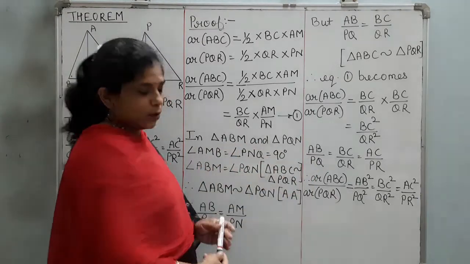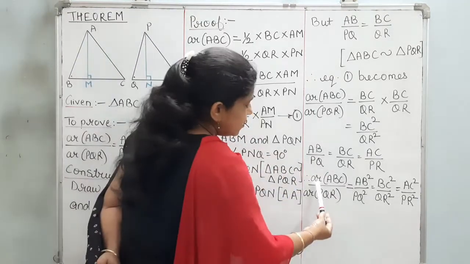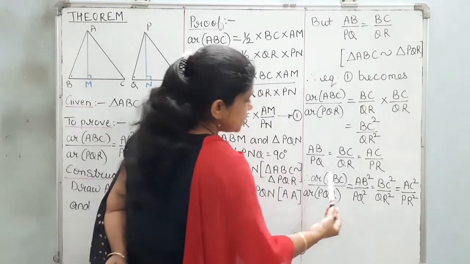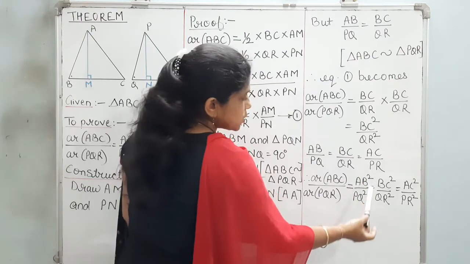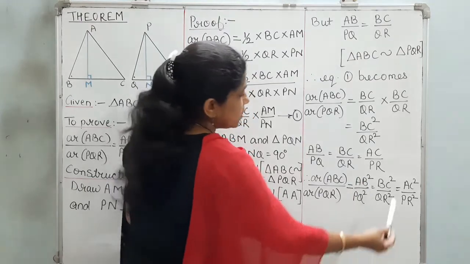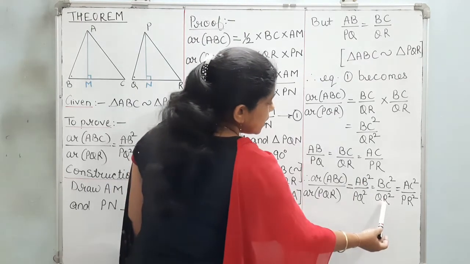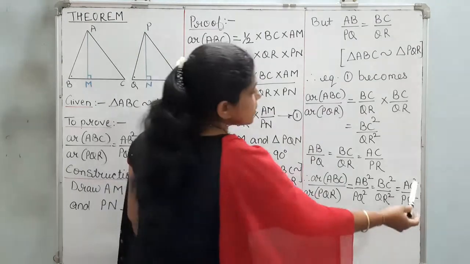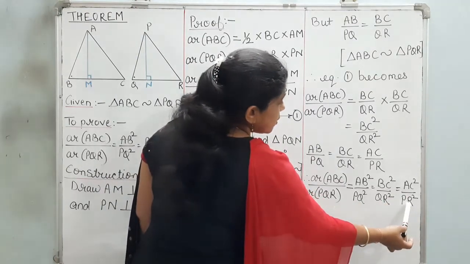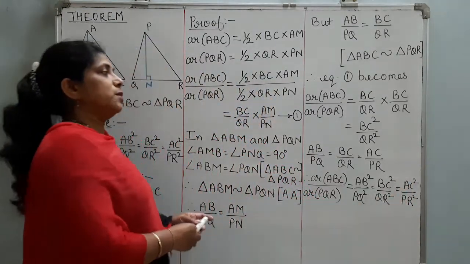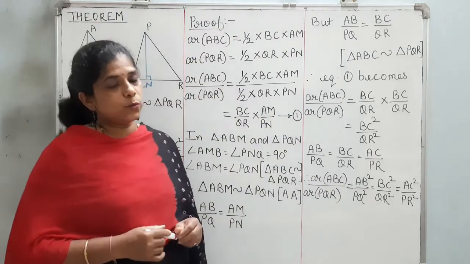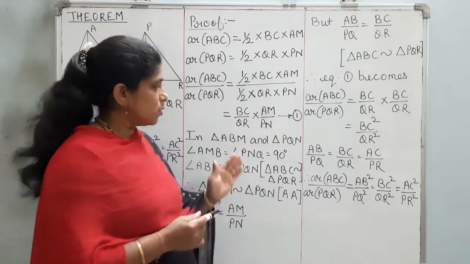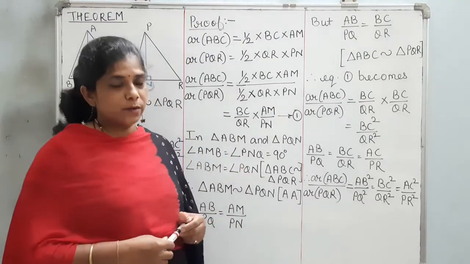So finally, we conclude that area of ABC upon area of PQR is equal to AB square upon PQ square, is equal to BC square upon QR square, is equal to AC square upon PR square. This is the most important and most expected theorem of this chapter, Triangles.